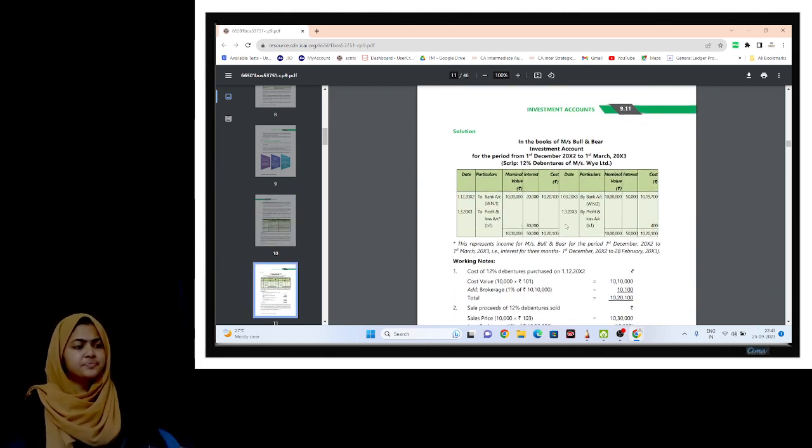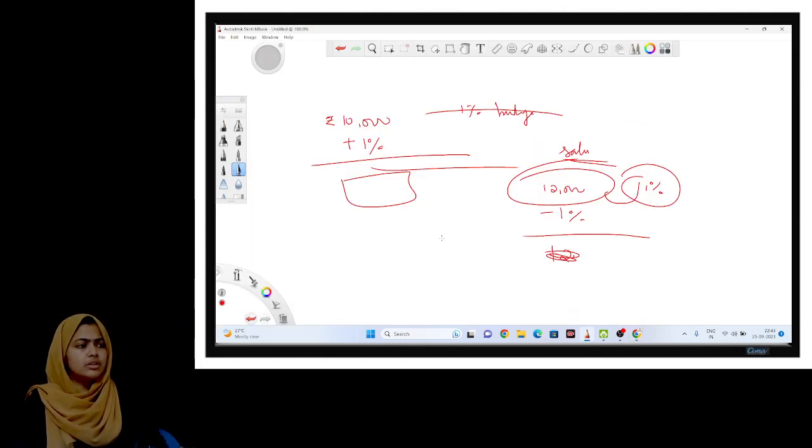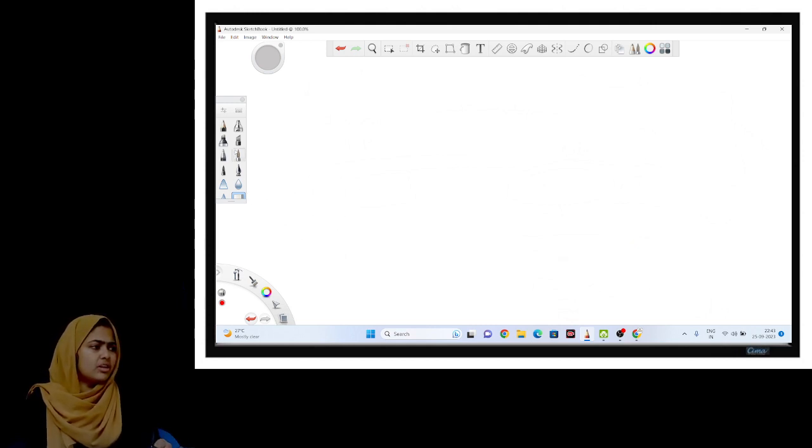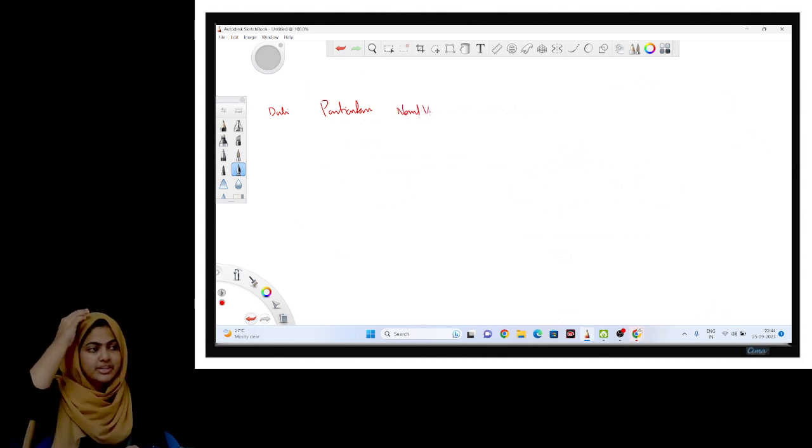It's very simple. As you all know, it's like a normal ledger account itself. There is only a very little difference. I'm not drawing the lines and all, so we can save time. There will be a date column, particulars, and 3 columns. First one is the face value or nominal value, that is the actual value of the debentures.